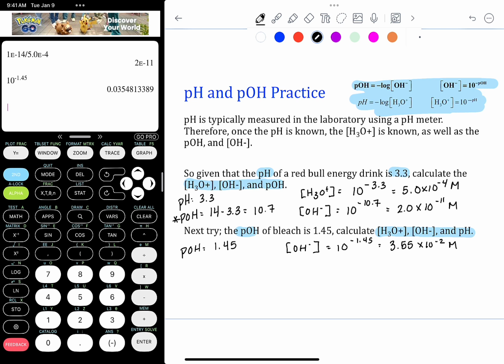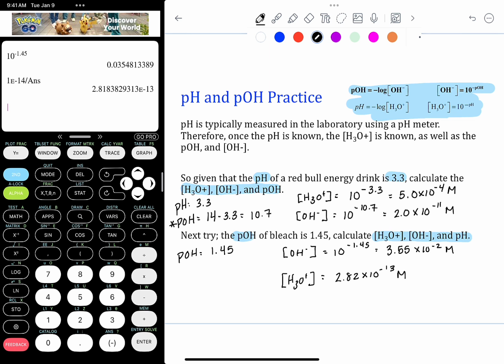We can then use that to find H3O plus. You could do it this way. So we could do 1 times 10 to the minus 14 divided by that answer. We could get 2.82 times 10 to the minus 13. Oops, that's a 14.